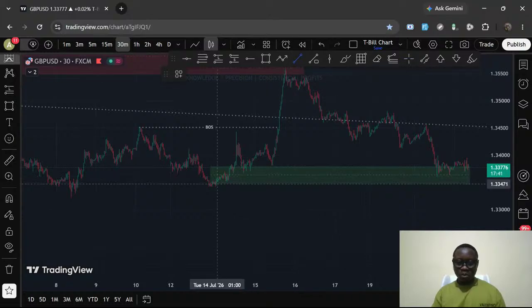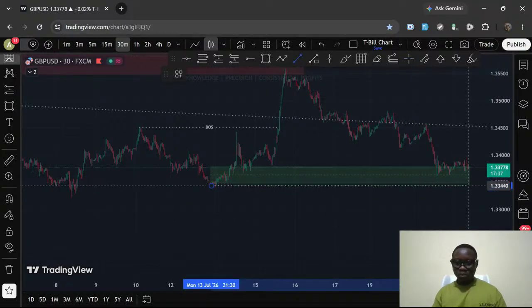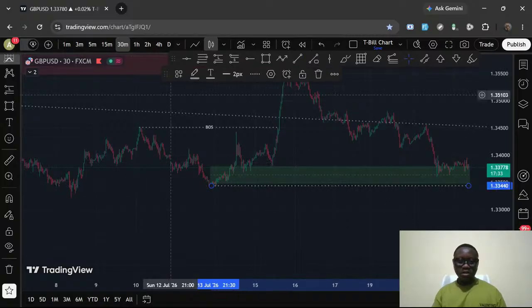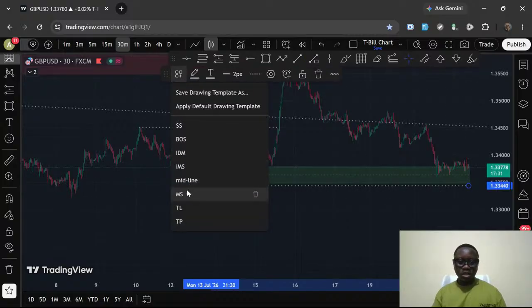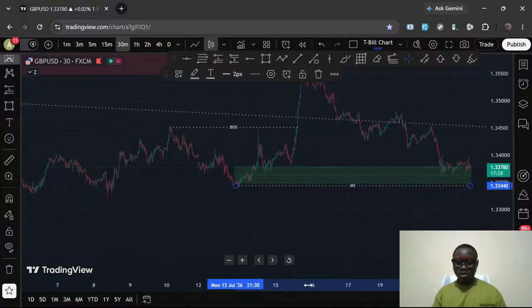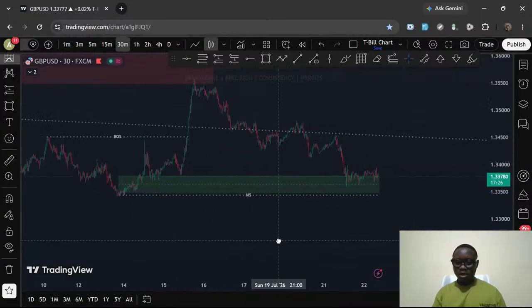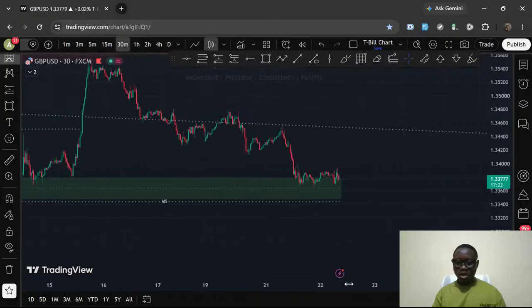Okay, so we probably want this low to be taken out. This low gets to be taken out before we can consider shorting GBPUSD. In the meantime, I'll basically wait patiently for a reversal at this zone. If I get a reversal right here, I'll consider taking a quick buy, something like this.